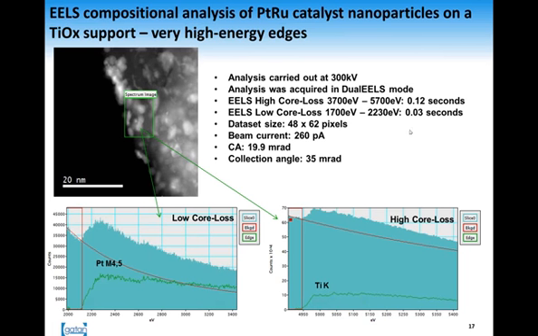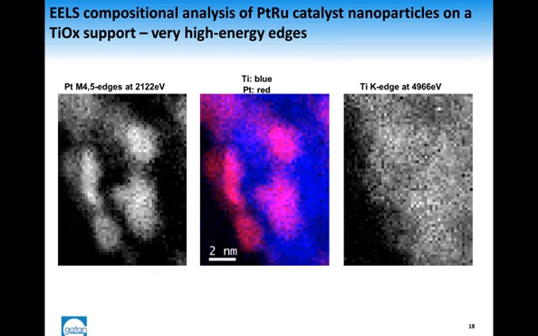You can see that all these edges were acquired with a relatively short exposure time, even the high energy titanium edge. You can generate maps with the titanium K edge at 5000 eV, and the platinum at 2100 eV.